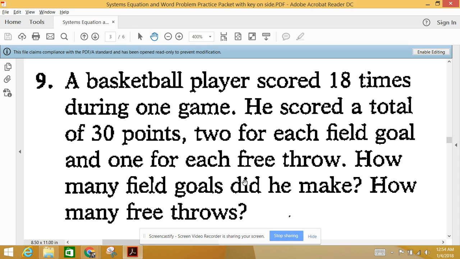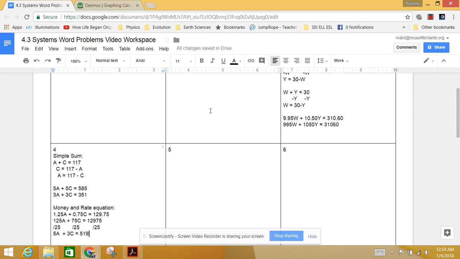So we need to know how many field goals he made and how many free throws he made. So field goals and free throws are our variables. We know that they add up to a total of 18 successful scores. Some of them are worth 2 points and some of them are worth 1. So we can set up our two equations.